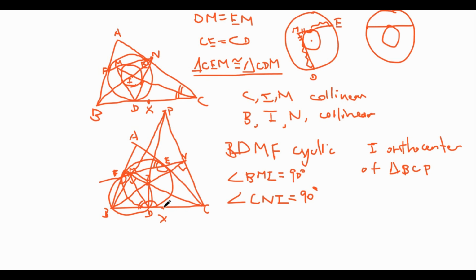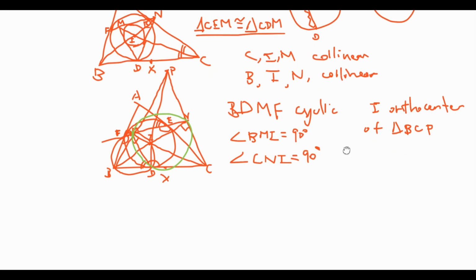And what do we know about the circle that passes through the feet of the altitudes? This circle is a special circle. It is actually the 9-point circle of triangle BCP.